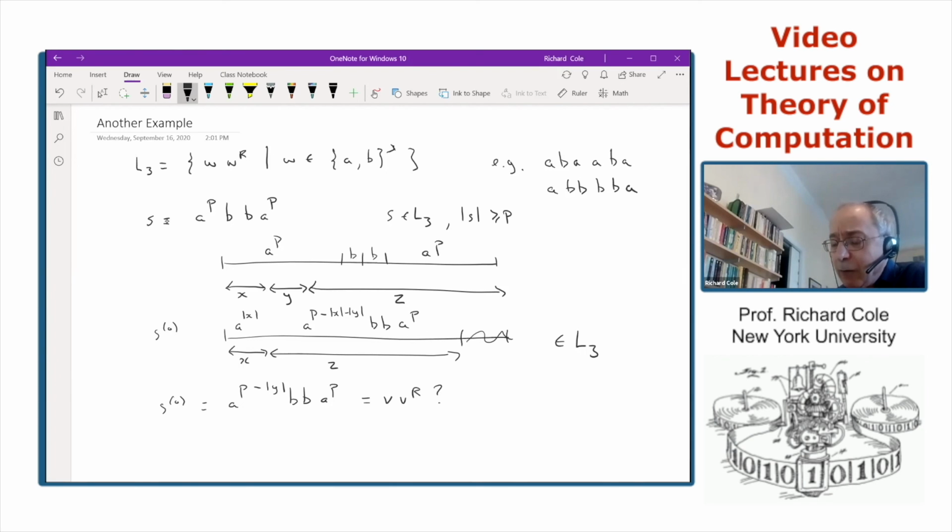Well, if it were equal to V followed by V reversed, as I've got just 2 B's in this string, I would need this piece to be V and this piece to be V reversed. But I see that's not the case because I've got P A's in the V reversed, and I've only got P minus Y A's in V, and Y has length greater than or equal to 1, and therefore I have fewer A's in my candidate V than I have in my candidate V reversed. So in fact, that's not possible.